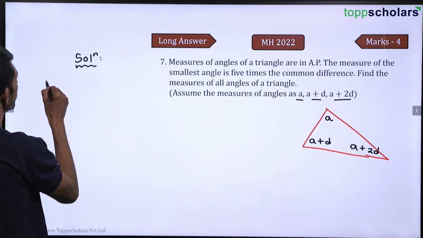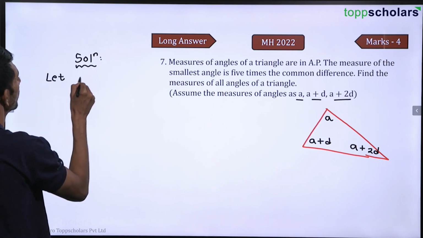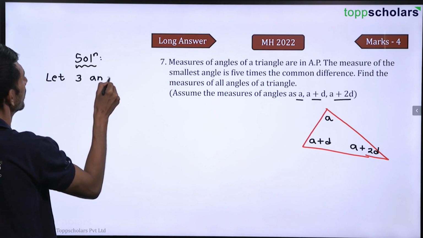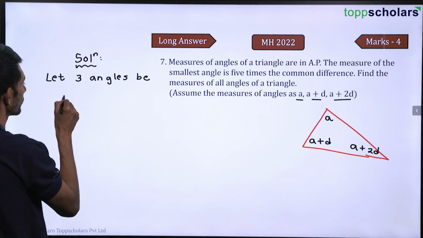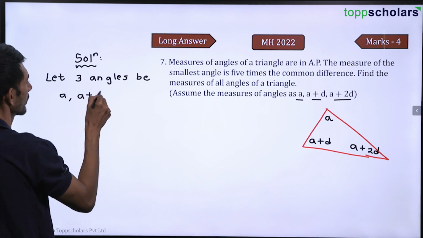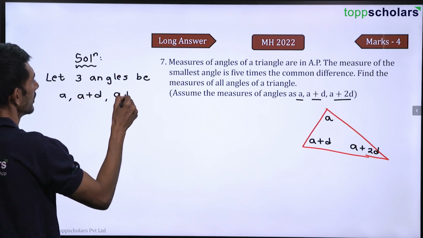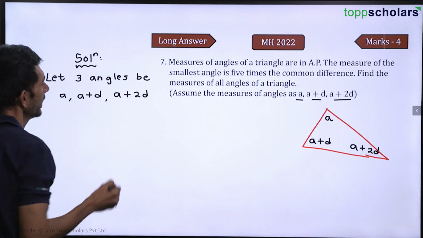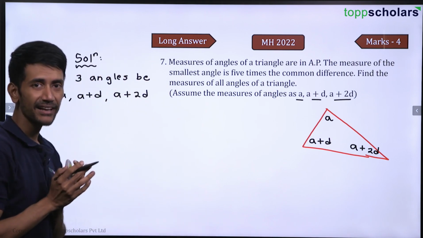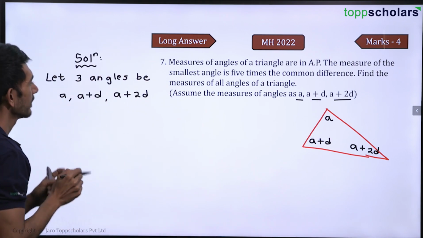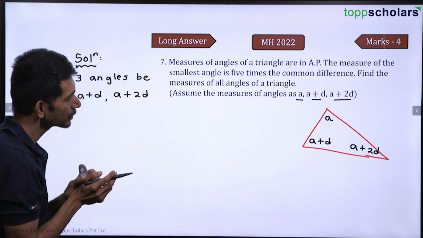So we will assume A, A plus D, A plus 2D. Now these are the 3 angles, isn't it?